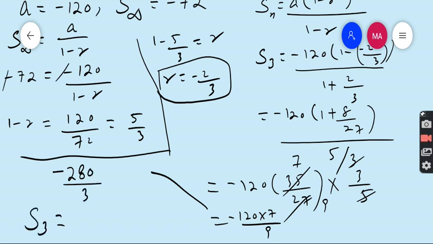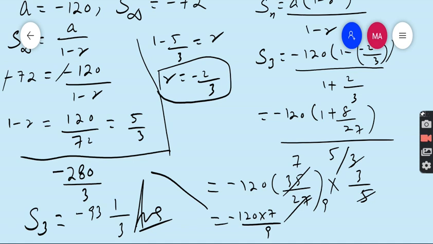And this can be written as a mixed number: minus 93 whole 1 upon 3. This is our final answer.